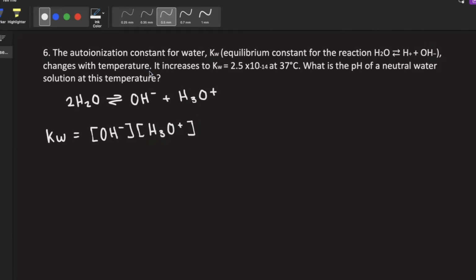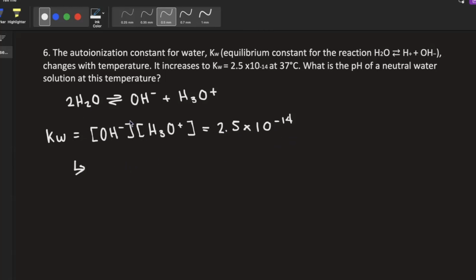Now, in the problem, it says it increases the Kw to 2.5 times 10 to the negative 14th at 37 degrees Celsius. We want to find out what is the pH. So we need to find out the concentration of H3O plus. So we're going to set this expression equal to 2.5 times 10 to the negative 14th. So how do you solve this?